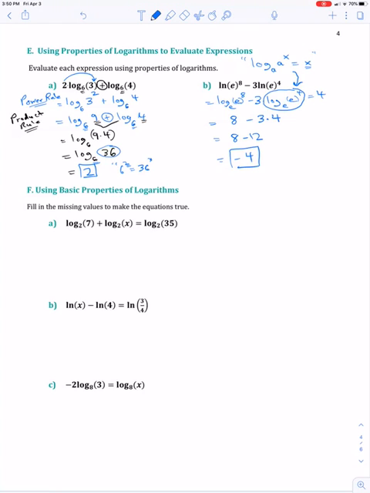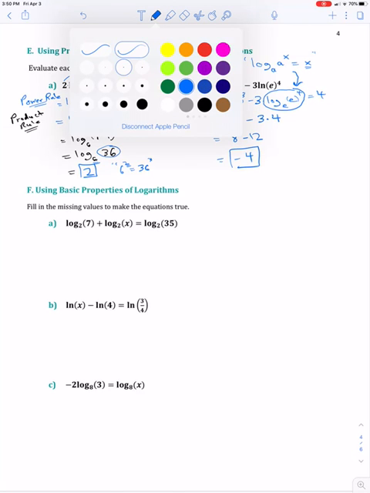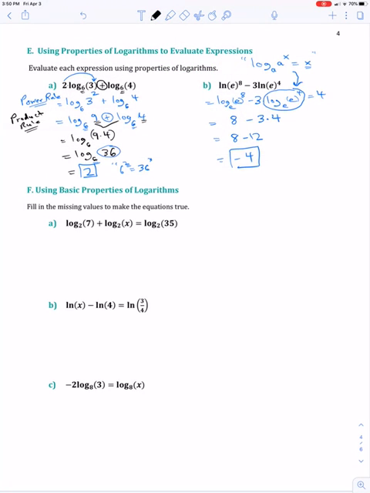All right, so let's move on. Let's use some of our basic properties of logarithms to fill in the missing values to make the following equations true. In this next example, I've got log base 2 of 7 plus log base 2 of x equal to log base 2 of 35. Let's think about our property here.